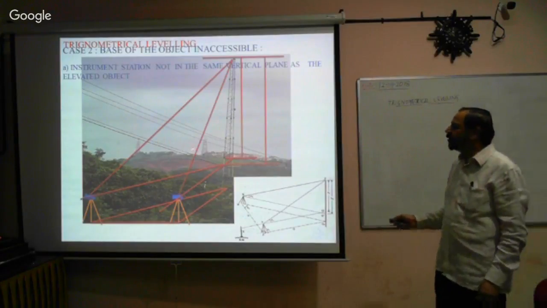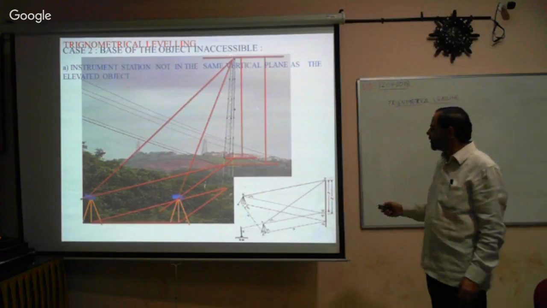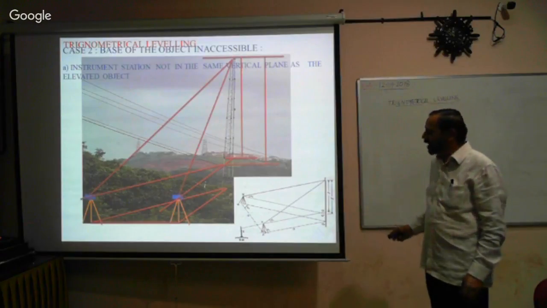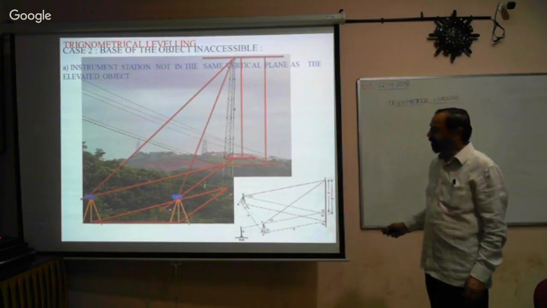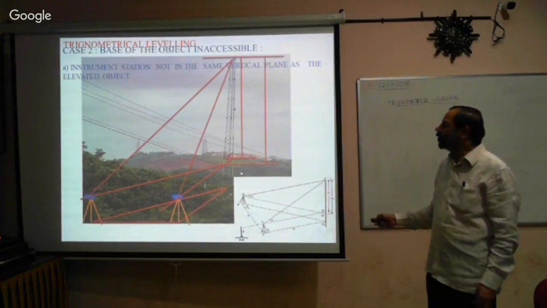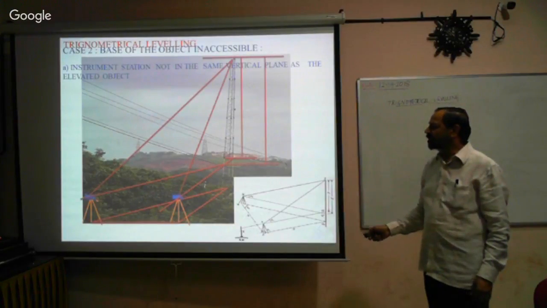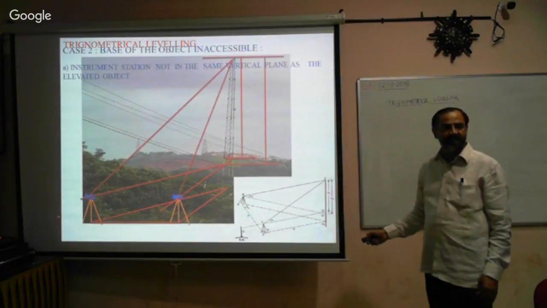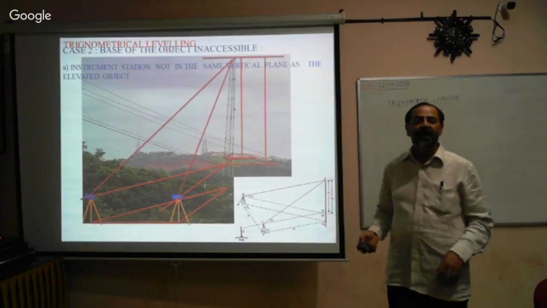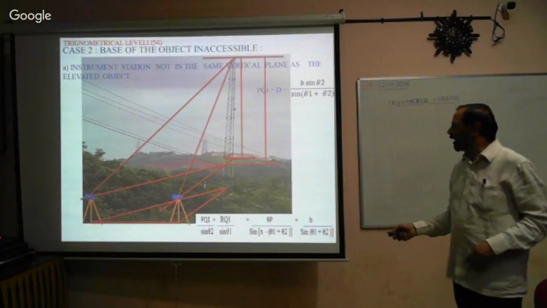After doing this, the elevation of P, the elevation of this object, is equal to benchmark plus backsight, benchmark plus top reading plus H1, or benchmark plus top reading from the instrument second station, then H2. In both the cases we should get the same answer, isn't it? Okay, right? So this is what I have explained now.